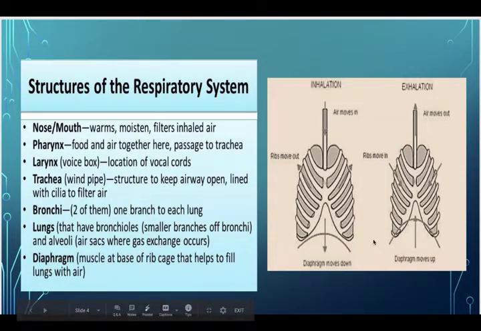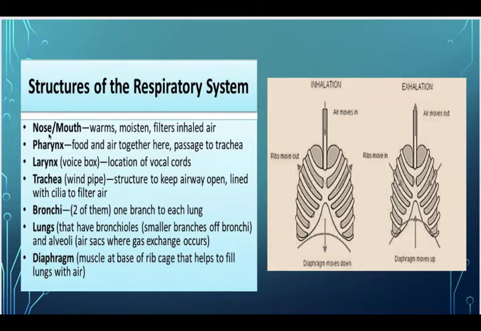Now come to this slide. Here you can see the structure of our respiratory system. In humans, air takes a path after entering the nostrils. It passes to the nasal passage, to the pharynx, then into the larynx, then trachea, then bronchus, bronchiole, and ultimately it reaches our alveolus or alveoli.